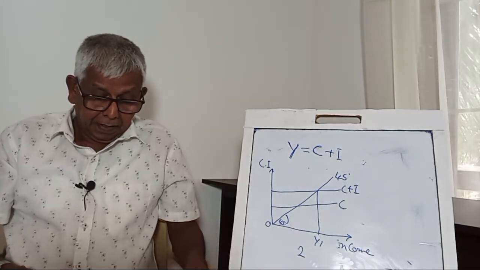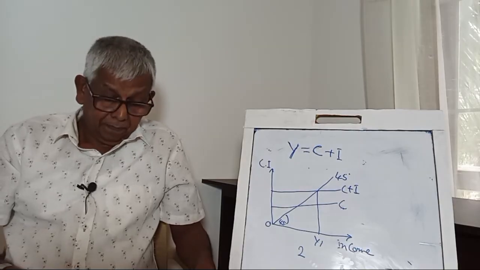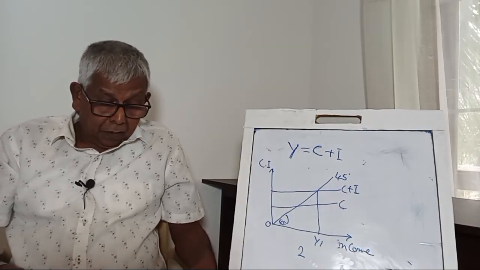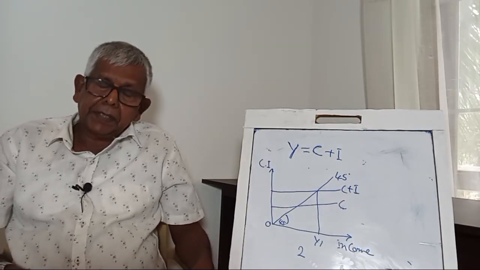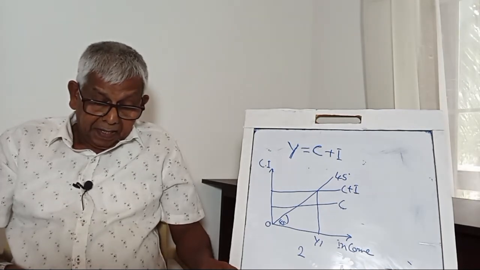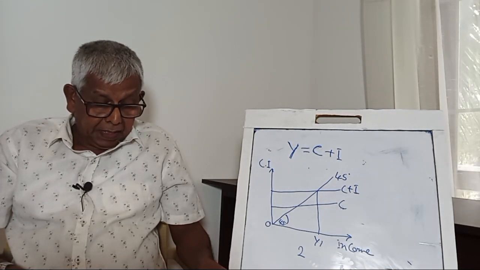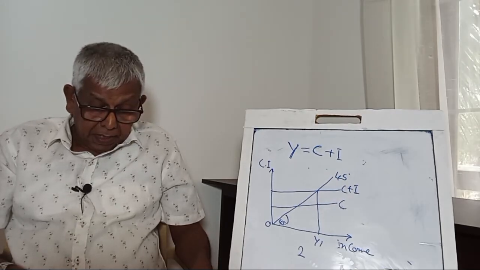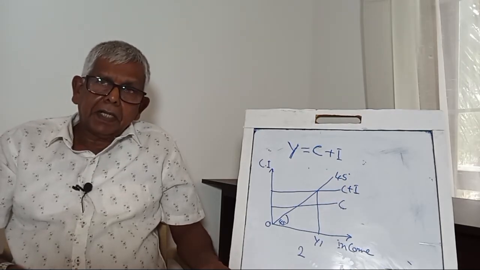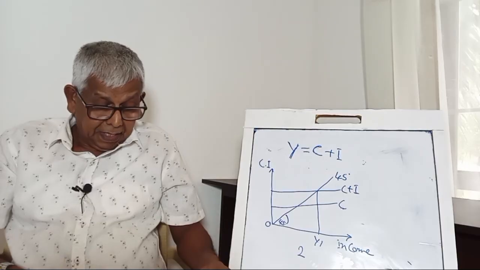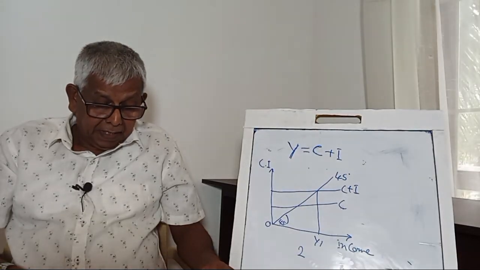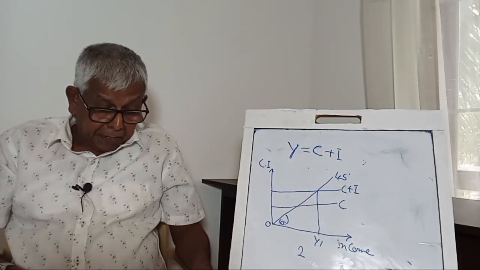According to this static model, the level of national income is determined by the interaction of the aggregate supply function and the aggregate demand function.